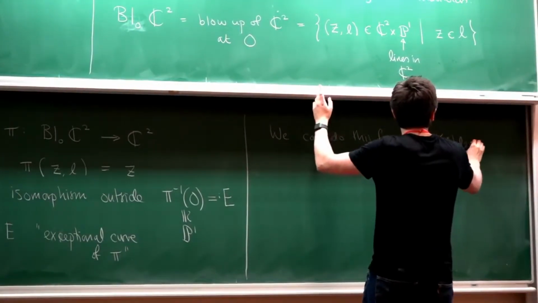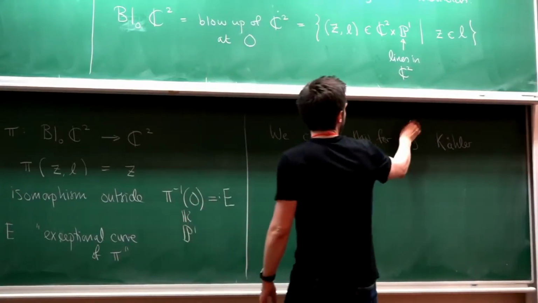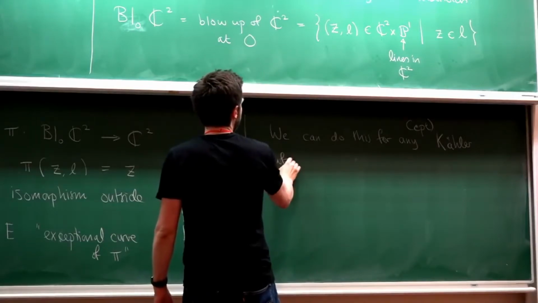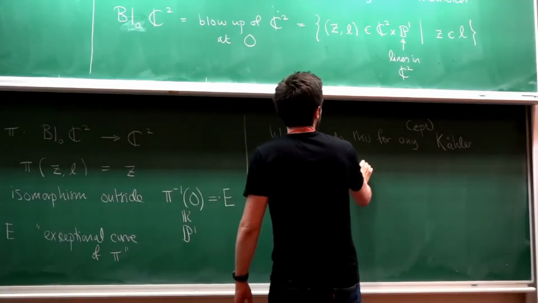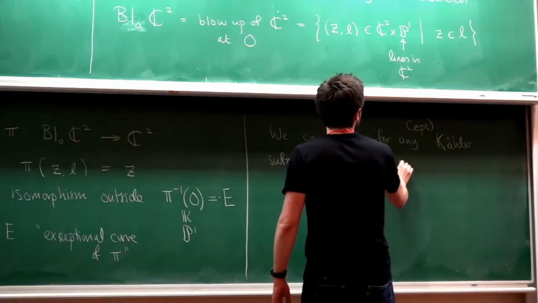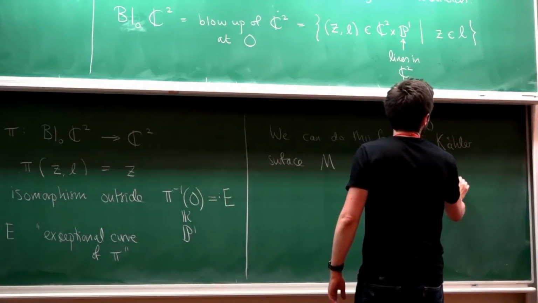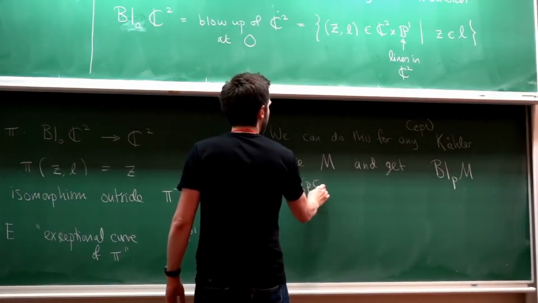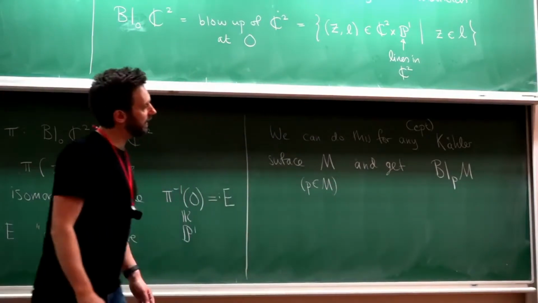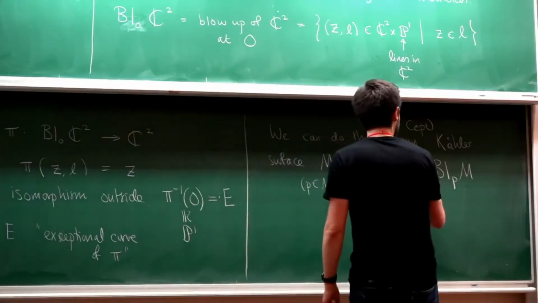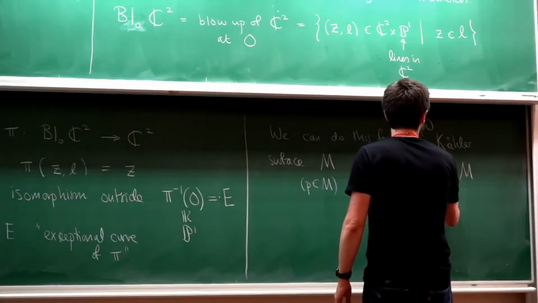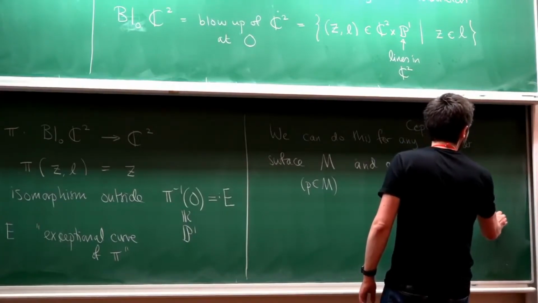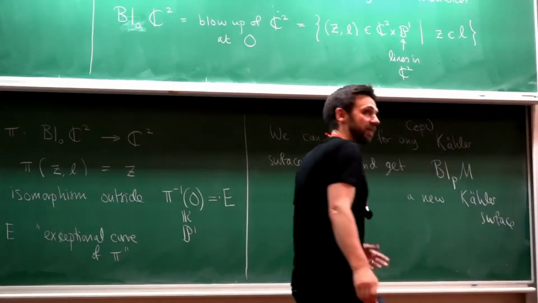This was not compact, but I could do it for any compact Kähler surface M, and get the blow-up of M at a point P, where P is a point in M. It turns out that this will be a new Kähler surface, and it will have more topology than the original one.